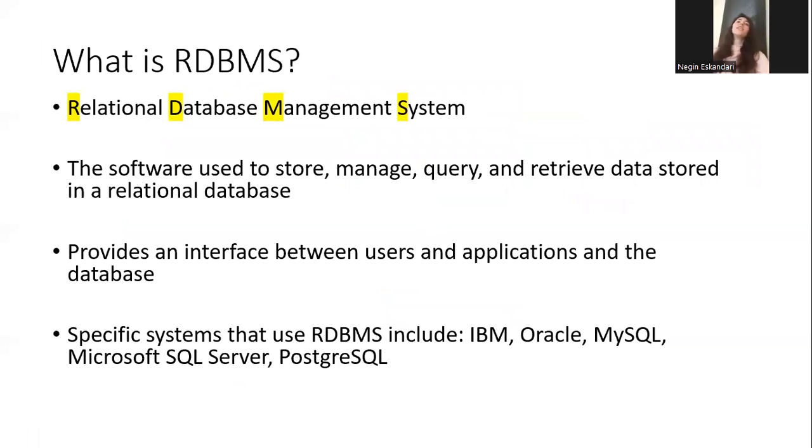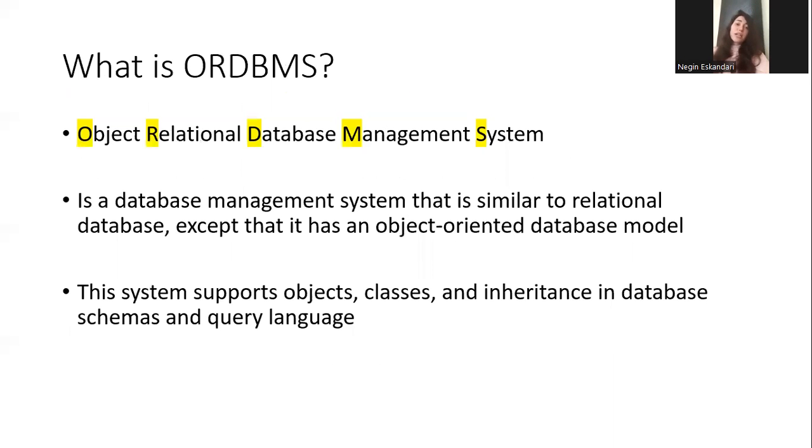Okay, what is RDBMS? It's an abbreviation of Relational Database Management System, and it stores, manages, queries, and retrieves data stored in a relational database. It's a kind of management system that provides an interface between users and applications and databases. And what is ORDBMS?